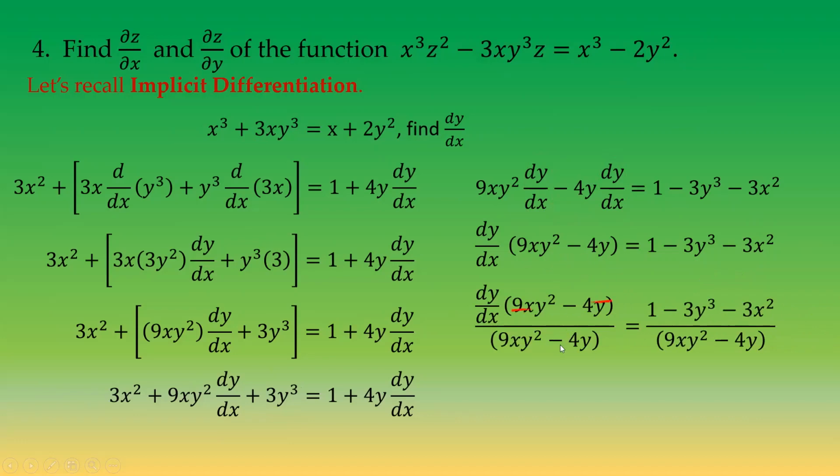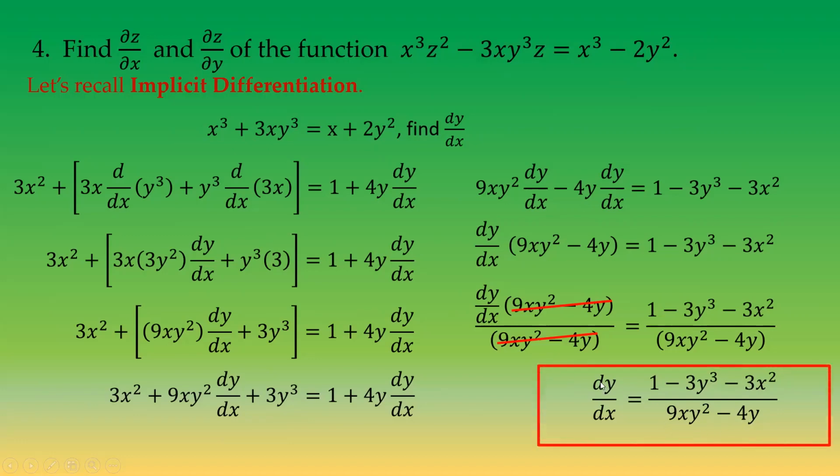So, magkakancel ito. Then, we can now solve for dy over dx na equals sa 1 minus 3y cubed minus 3x squared all over 9xy squared minus 4y. Ito ngayon yung derivative ng y with respect to x. Ito yung concept ng implicit differentiation.